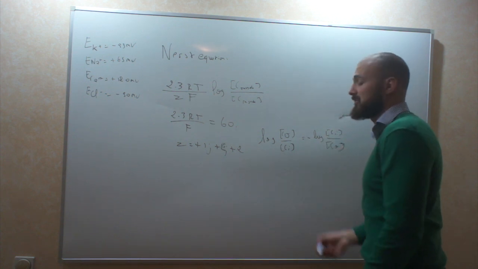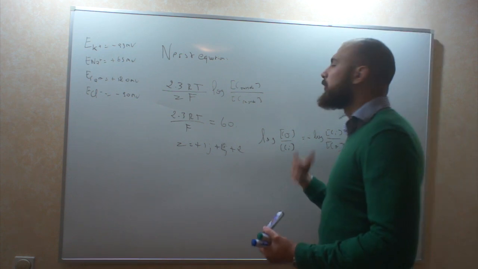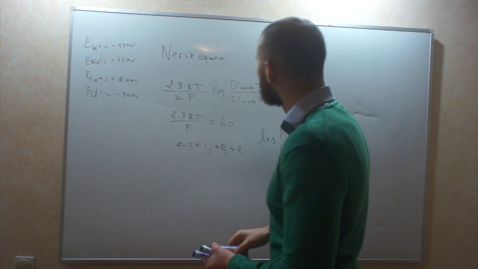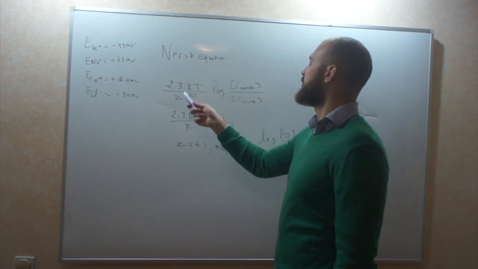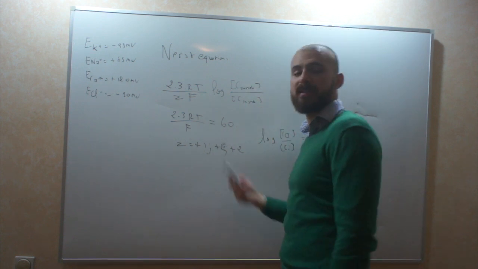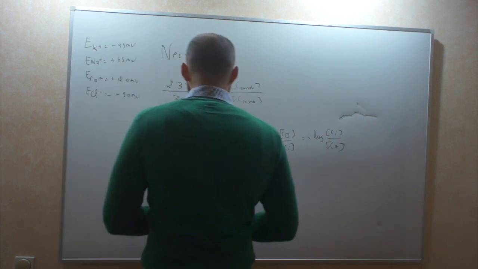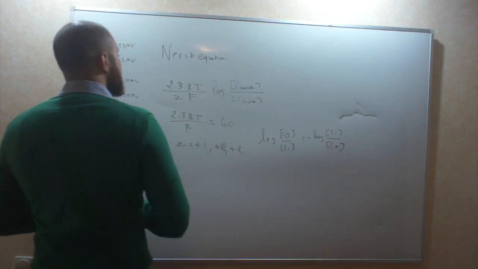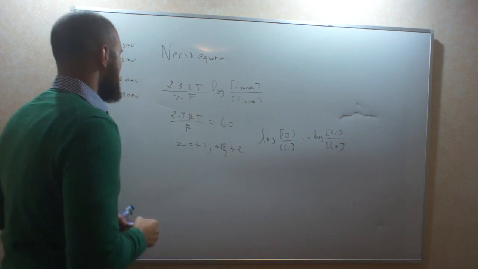That's how it works. So it really doesn't matter if you forget this formula, because you just remember 60 and you remember the Z and you remember if it's outside on inside or inside on outside. It just doesn't matter at all. So that's how you calculate the equilibrium potential.